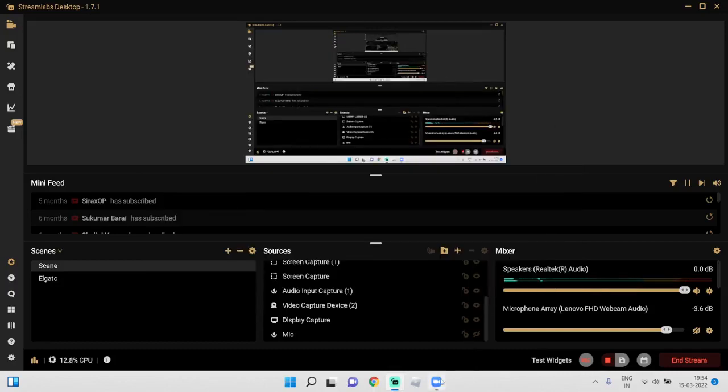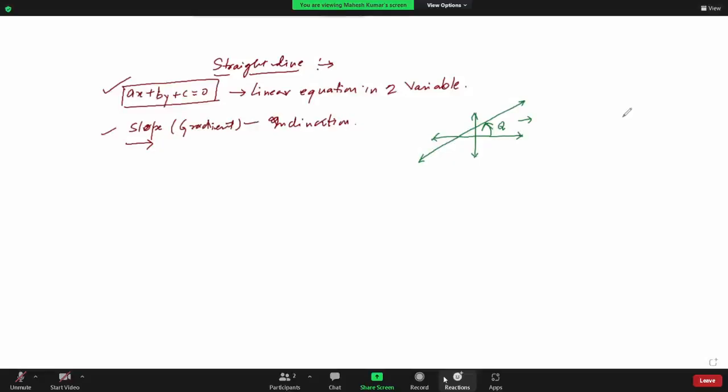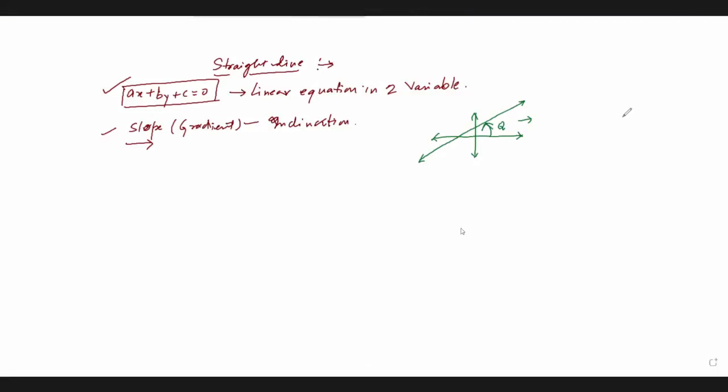Then we take the tan of this angle, that is tan theta. Tan means tangent. And we get m. m is the slope of a line.